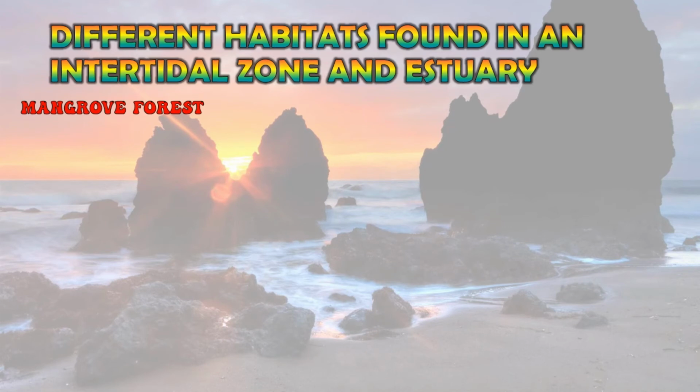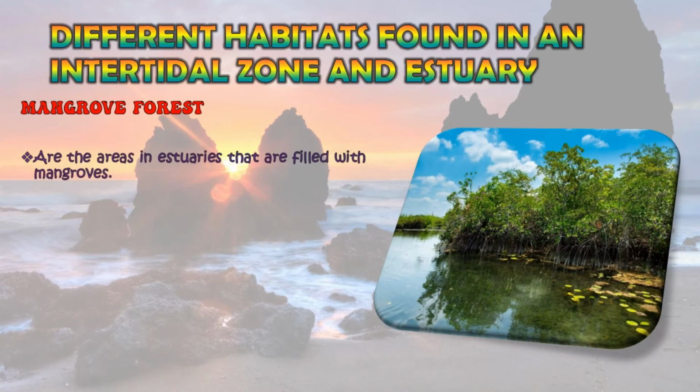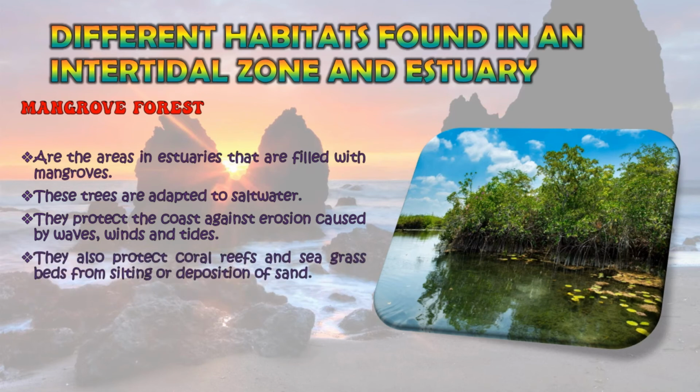The next habitat in estuary and intertidal zone are the mangrove forests. These are the areas in estuaries that are filled with mangroves. These trees are adapted to salt water. They protect the coast against erosion caused by waves, winds, and tides.